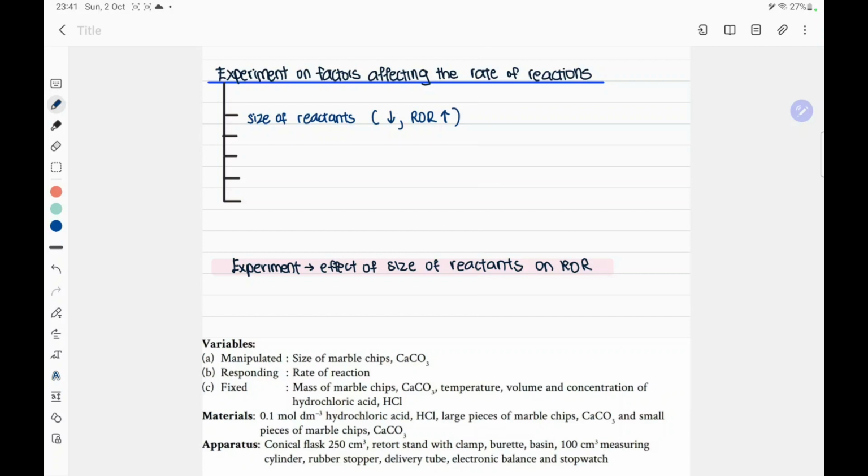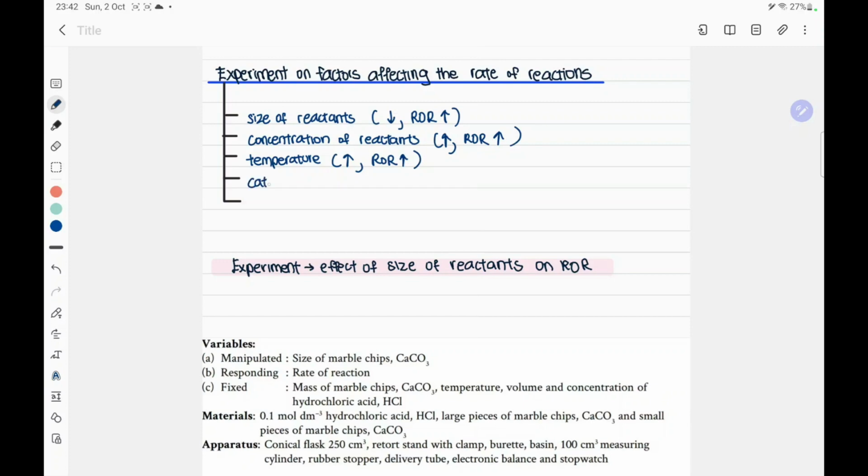The second factor is the concentration of reactants. When the concentration of reactants increases, the rate of reaction increases. The third one is the temperature. When the temperature increases, the rate of reaction also increases.